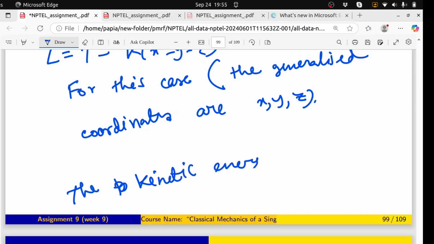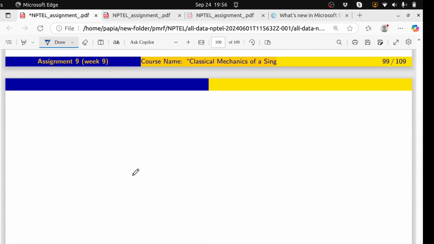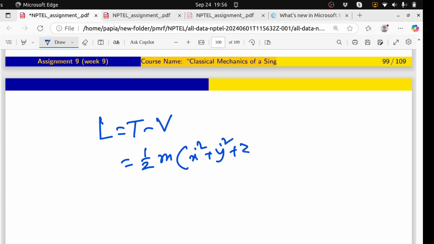The kinetic energy will be half m (x dot square plus y dot square plus z dot square). So the Lagrangian will be T minus V, which is half m (x dot square plus y dot square plus z dot square) minus k(x square minus y square minus z square).